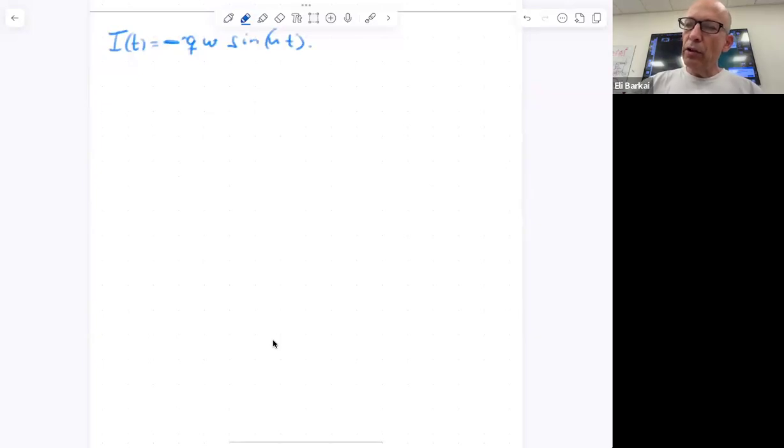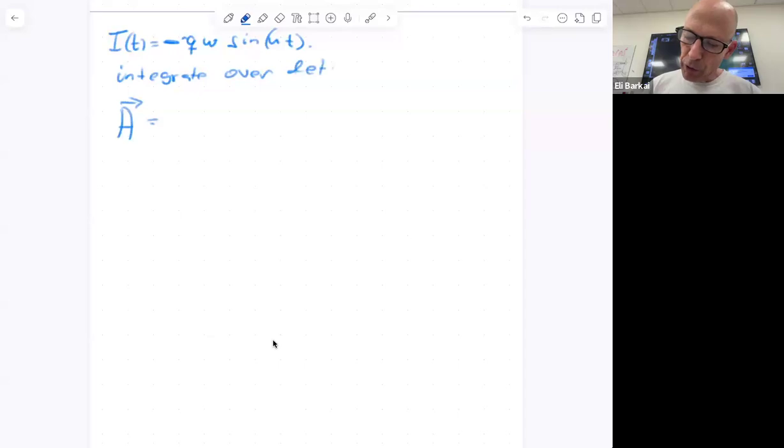Okay, and then when I integrate, I plug in this j, I get the following, that I integrate over delta functions. So I'm integrating over all space.